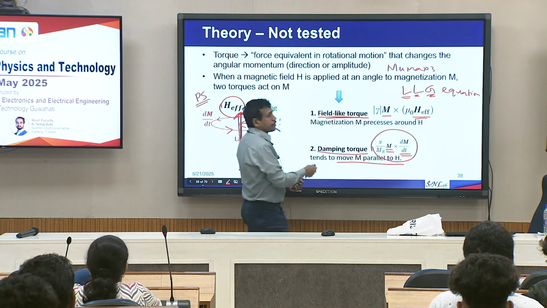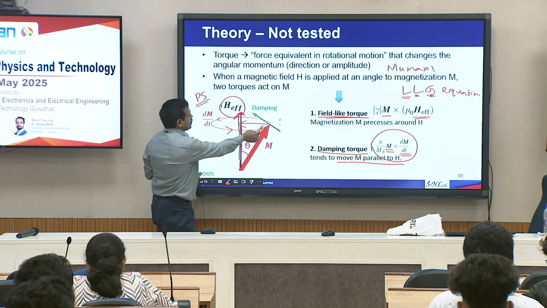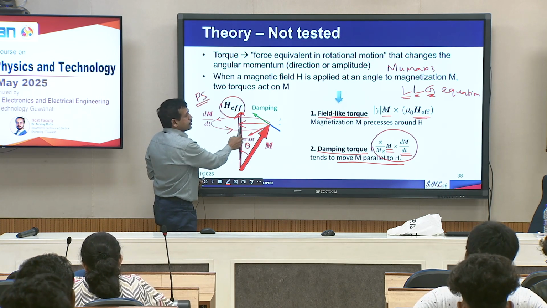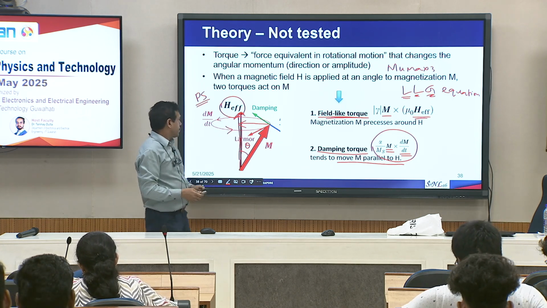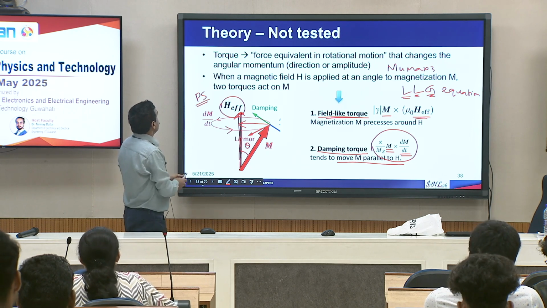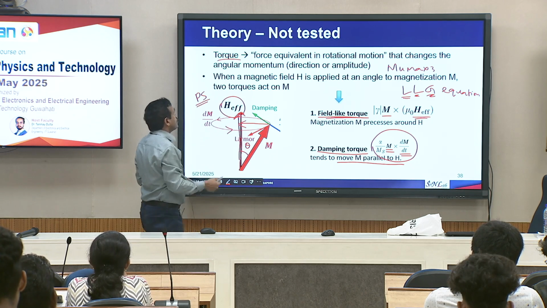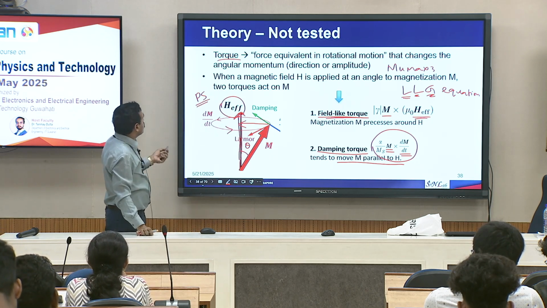After Gilbert introduced the damping part, we know that this magnetization will finally settle along the direction of the magnetic field. So, these things happen, and you should know that torque is the equivalent version of force in rotational motion.